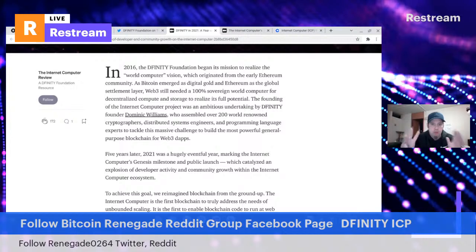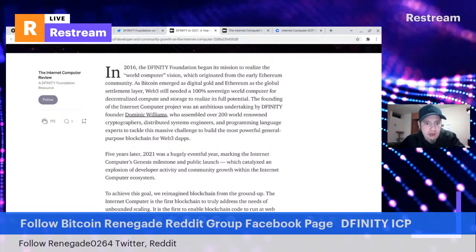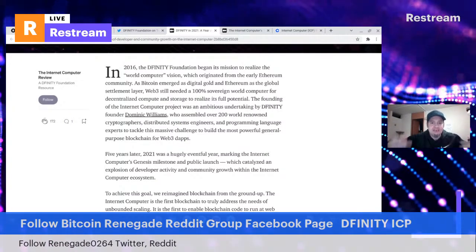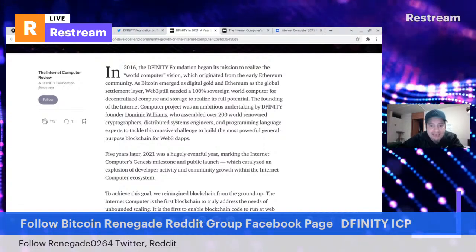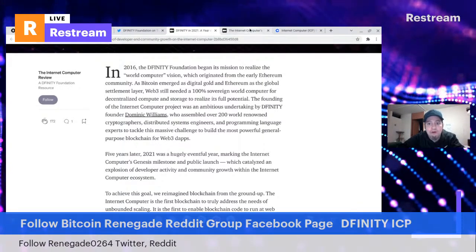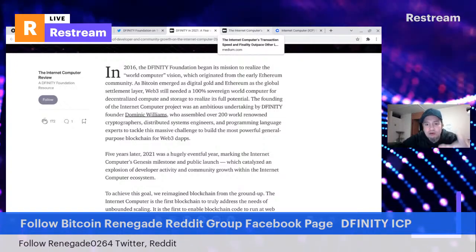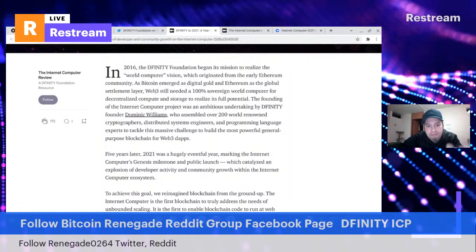That is the World Wide Web 3, which is the decentralized web. That is how I understand it. So Web 3 is basically the decentralized internet. And Internet Computer, if I understand correctly, runs the speed of internet transactions on Web 3.